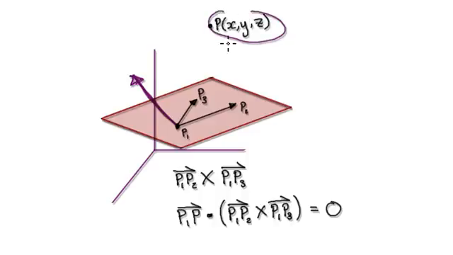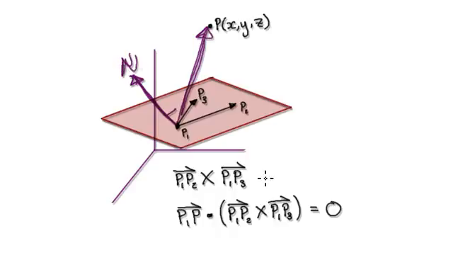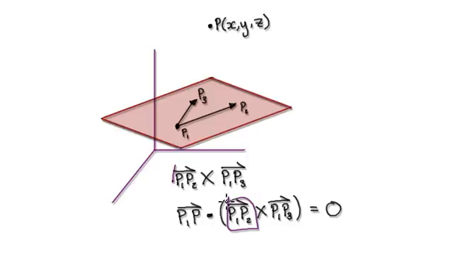If you have a general point here, you can always work out this vector here. If you want to describe a plane, you demand that this vector be orthogonal to the normal vector. Let's start again. This is our vector here, and this is our other vector here. Perform the cross product, and that will give you this normal vector here.